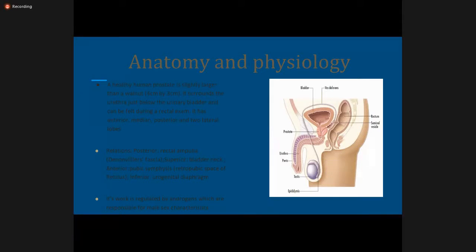Walnut means its size is around 4 centimeters by 3 centimeters, and it's around 20 grams in weight. Weight is important because it's usually provided to us, along with its size, by the sonologist. So normal is 20 grams.